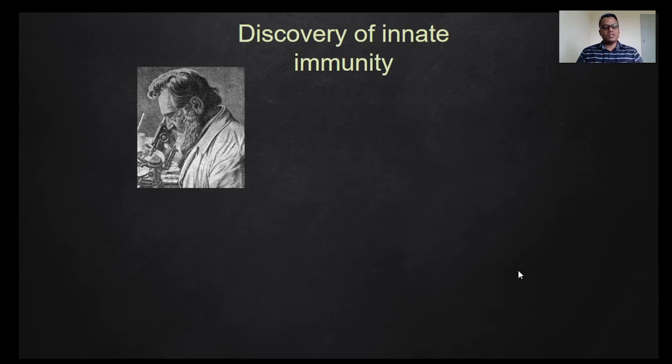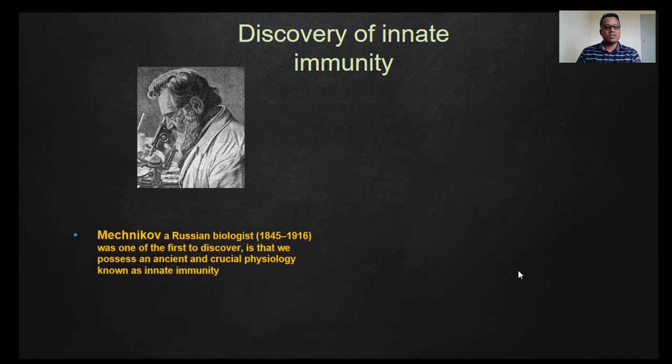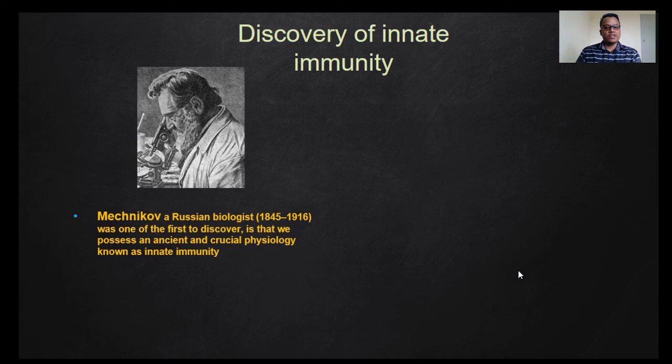So let's look at the history of the discovery of innate immunity. Metchnikoff, a Russian biologist, was one of the first to discover that we possess an ancient and crucial physiology known as innate immunity.